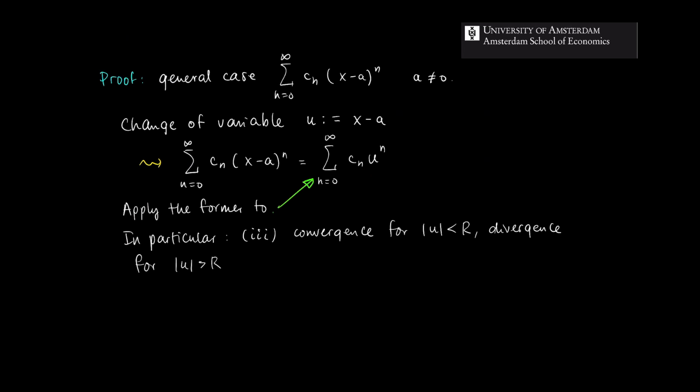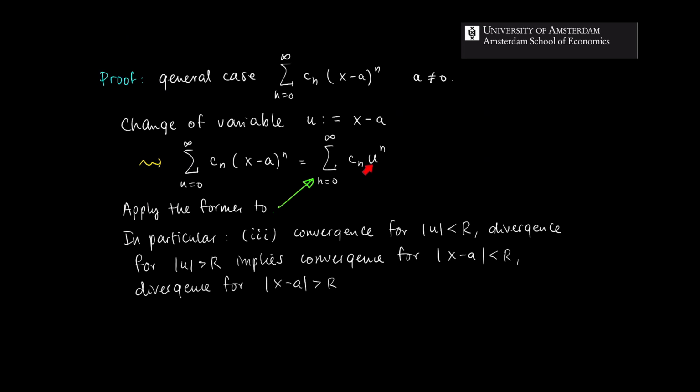So we see convergence for the absolute value of x minus a smaller than R and divergence for x minus a in absolute value larger than R. You see, by this simple change of variable and applying the fact that we have a power series in u centered around 0, we also get the more general statement. And this completes the proof.